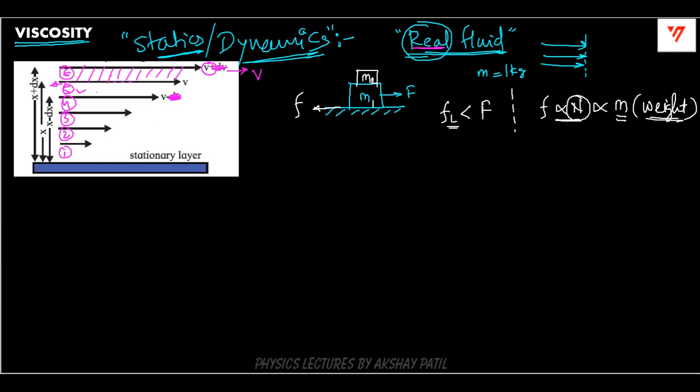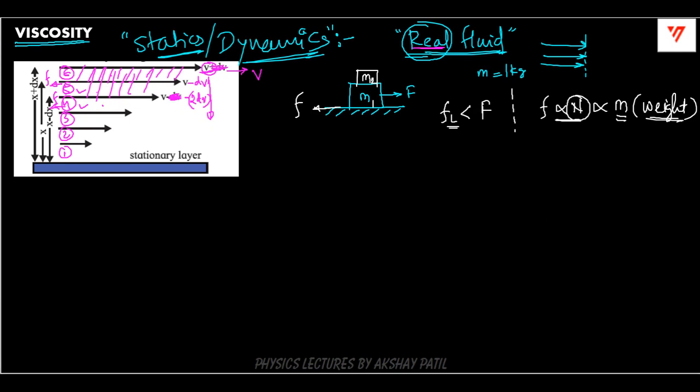So what will happen? Similarly, if I consider this fourth layer, these two layers will apply some normal reaction on this layer, and for their movement this fourth layer will apply some opposing friction force, so that the velocity goes on decreasing as we move to the bottommost layer. So if here the velocity is v, now it will be v minus dv, next it becomes 2 dv.